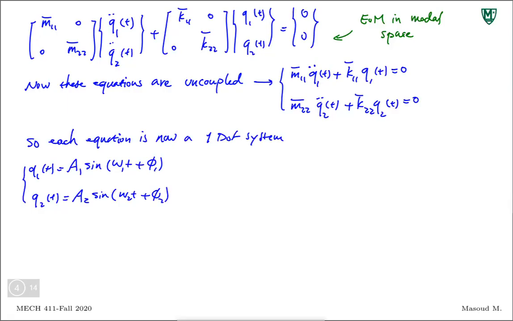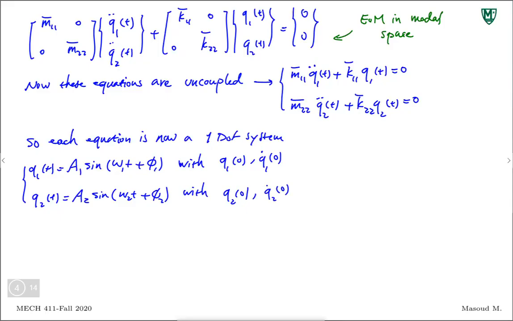Now remember, this should be solved with initial conditions that now you have in modal domain. Q1(0) and Q1 dot(0), and Q2 at t equals 0 with Q2 dot at t equals 0. You remember this.